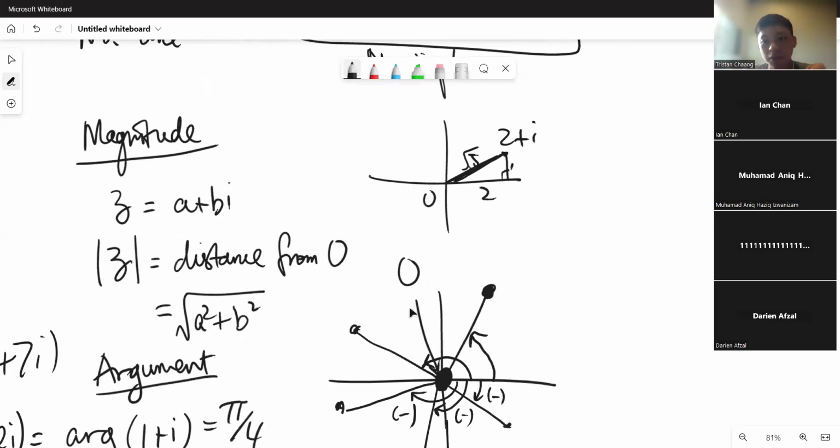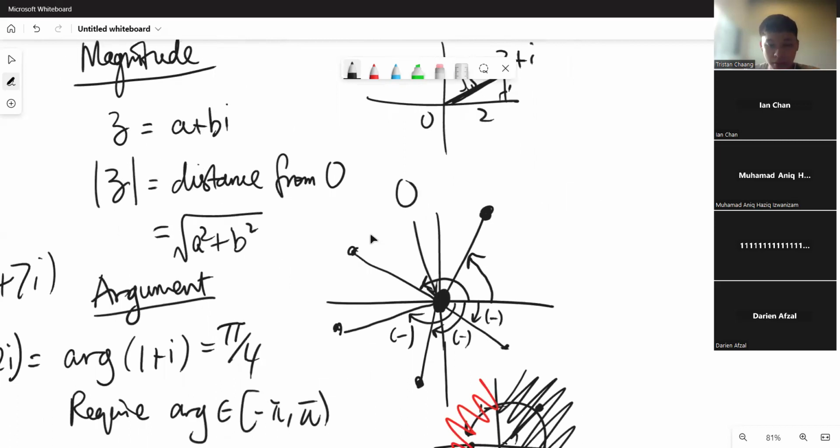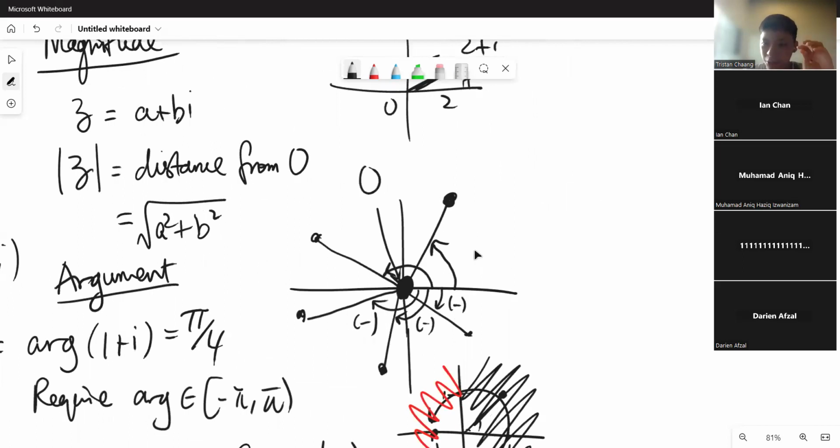Well, okay, you're asking the argument of 0. Good question, because we don't really define argument, because it doesn't make sense, right? If you want to ask for argument of 0, normally we just avoid that case. Well, a singular point without an argument is still fine. We can still do a lot of things with this definition.